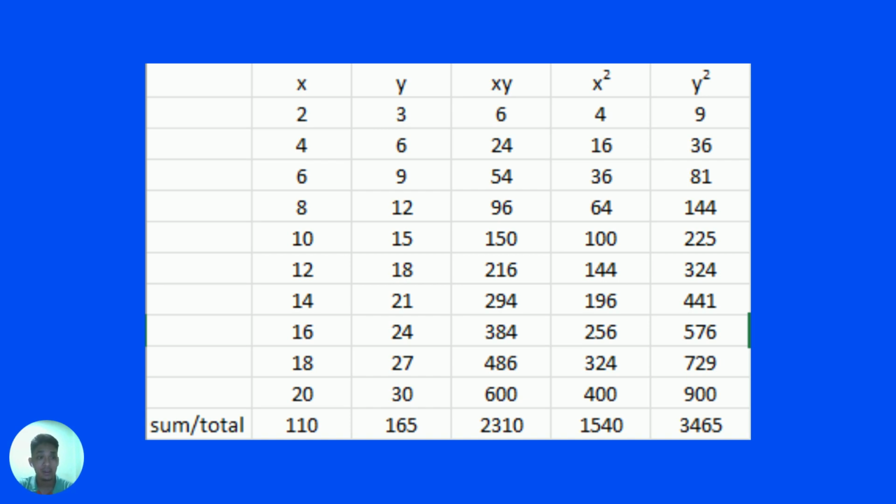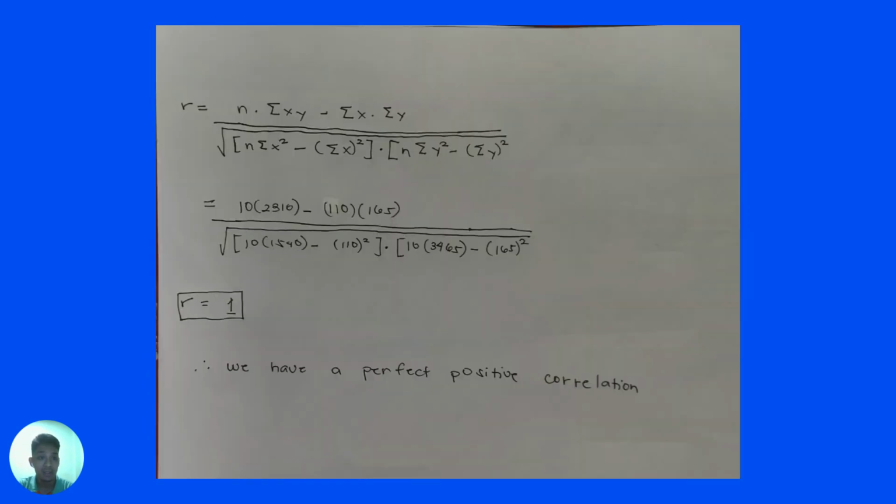To get the correlation, or the R, we have a formula. R is equal to n times the summation of xy minus the summation of x times the summation of y, all over the square root of the quantity of n times the summation of x squared minus the square of the summation of x, multiplied by the quantity of n times the summation of y squared minus the square of the summation of y.